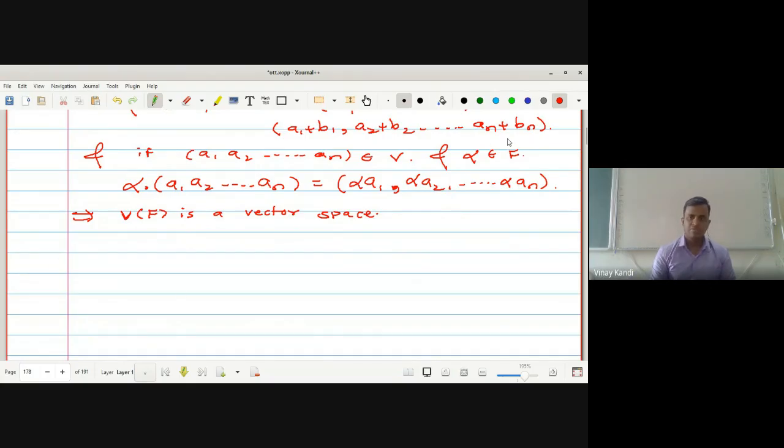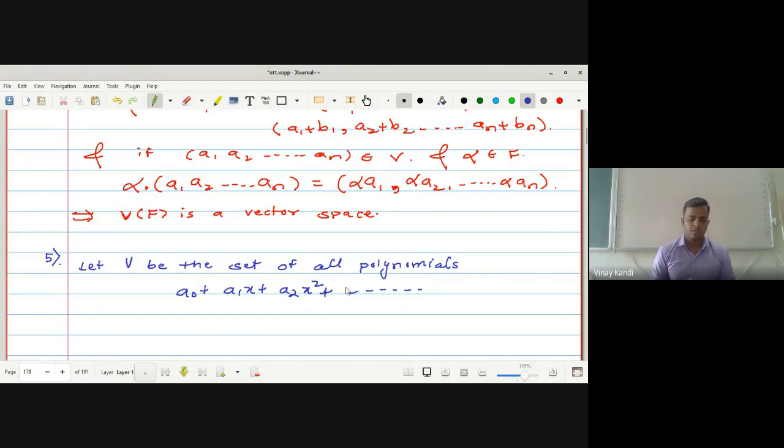Now, example number 5. Let capital V be the set of all polynomials a0 plus a1x plus a2x squared, up to an x raised to n, and so on.